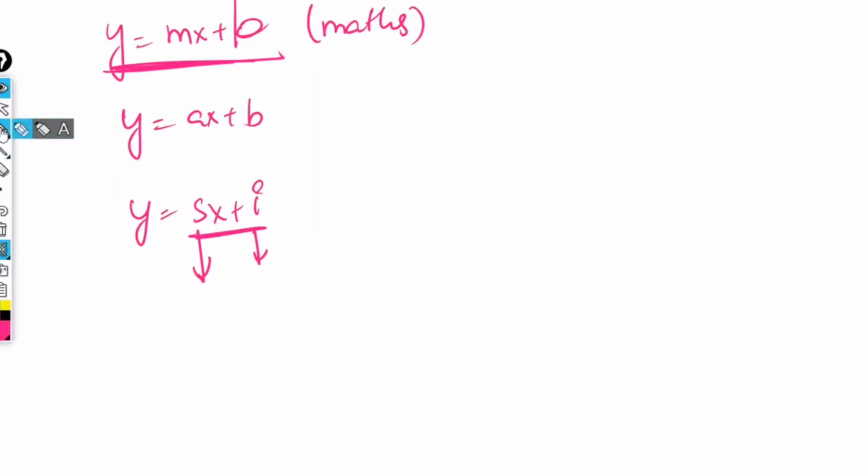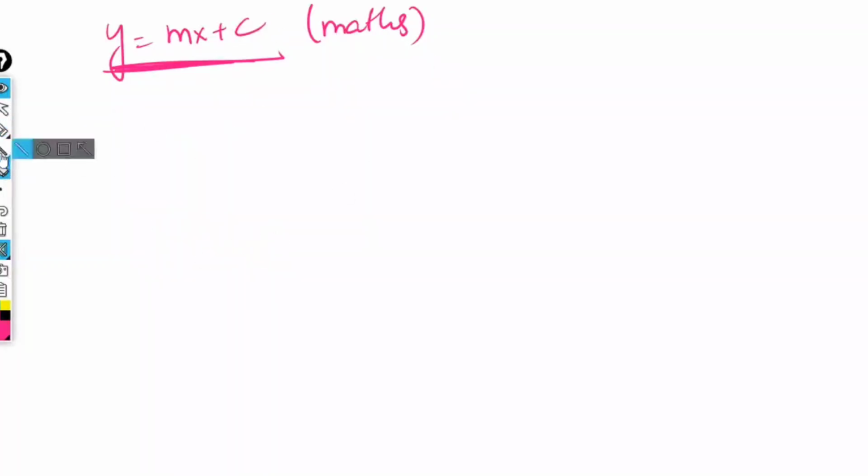Particularly in India, the equation is given as y is equal to mx plus c. The same equation was brought into machine learning, and they have written it as beta 1 x plus beta naught. What is meant by beta 1? Slope only. What is meant by beta naught?